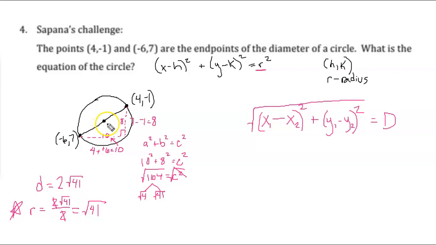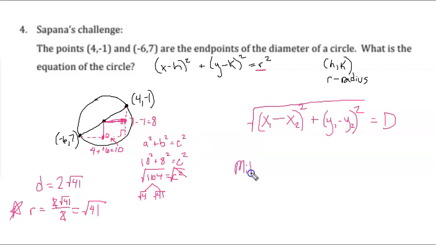And you may recall, again, if we're just looking at right triangles and such, the midpoint is always halfway. So it's going to be halfway between the y values, and halfway between the x values. If you're doing halfway on a number line, so the x values is just the x number line and the y values is just the y number line, the middle number is always the average.